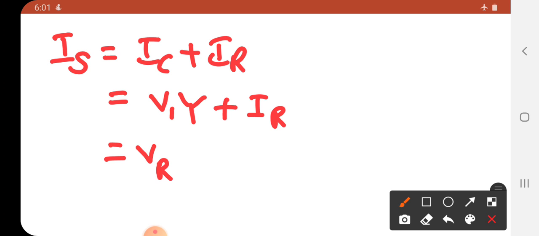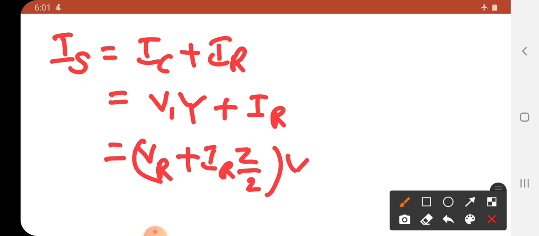VR plus IR into Z by 2 into Y plus IR. Okay, so now we separate the VR terms and IR terms in IS equation. How many VR terms are there? Only a single term, that is VR. How many IR terms are there? There are two terms, this is one and this is one.